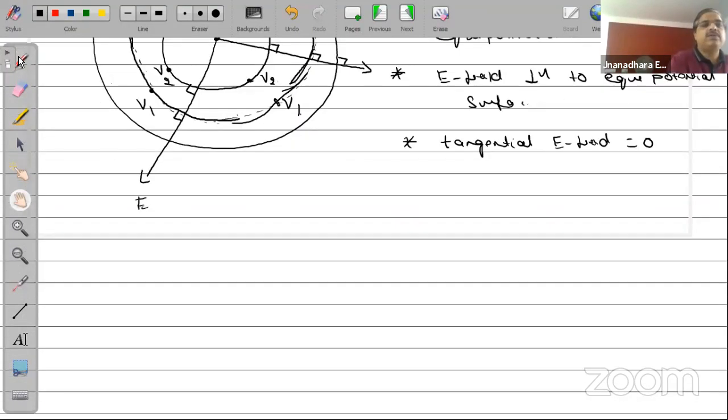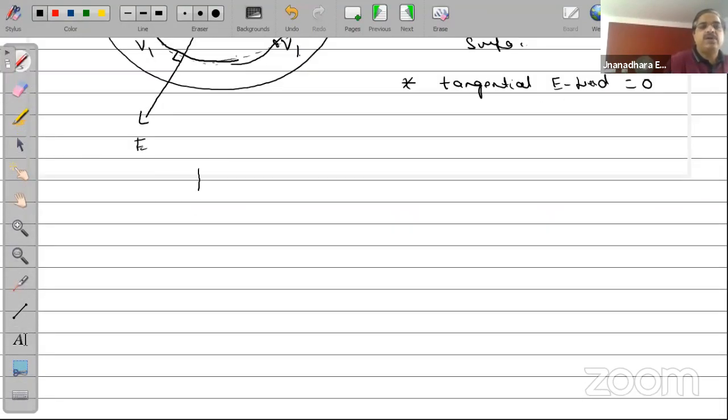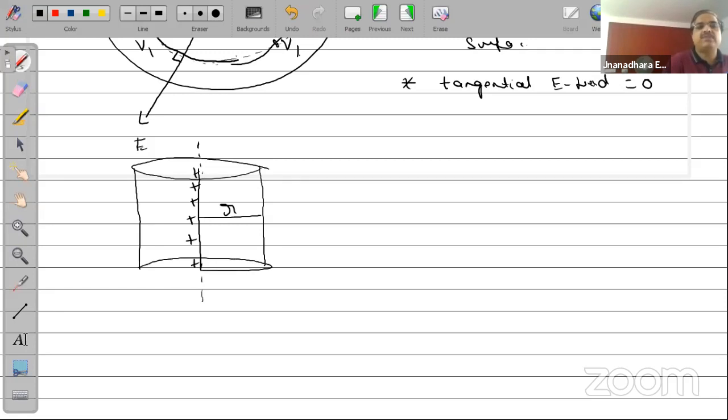Now this is for a point charge. Now what about if you have a charge distribution like this, which is a line charge, then you will find that if you consider a cylinder of radius r around this, then the cylinder will be an equipotential surface for this case.